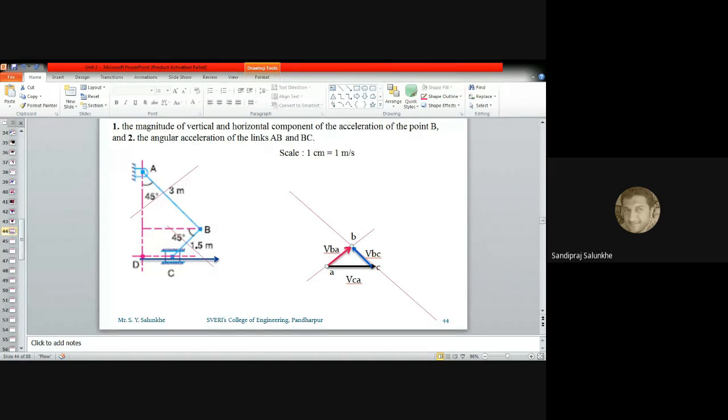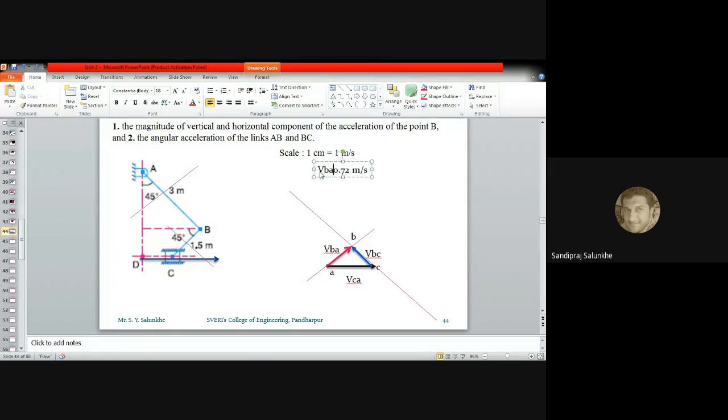So for a ready solution, I'll take the velocity of point B with respect to A as 0.72 meter per second.